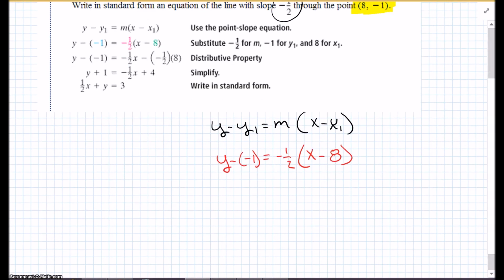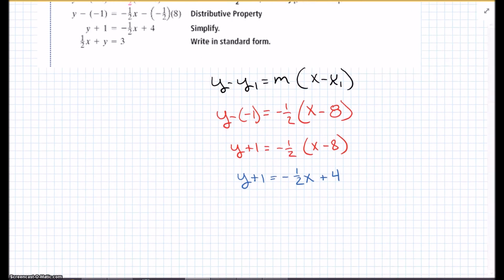So simplify, y minus -1 is just y plus 1 equals -1/2 times x minus 8. So now we can distribute the -1/2. So we're going to get y plus 1 equals -1/2 x. -1/2 times -8 would be plus 4. So now we've got to get it in standard form. So we're going to add 1/2 x to each side.